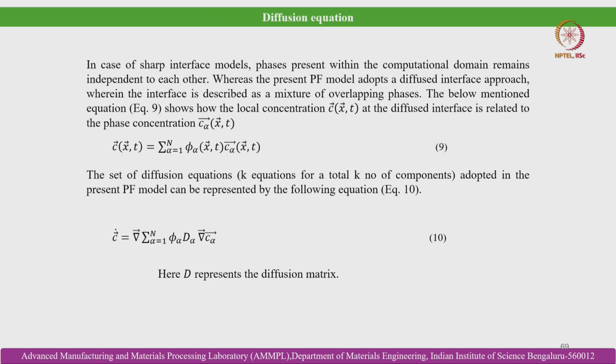In the case of sharp interface models, phases present within the computational domain remain independent of each other, whereas the present phase field model adopts a diffused interface approach, wherein the interface is described as a mixture of overlapping phases. The equation mentioned below, equation 9, shows how the local concentration C bar of x bar comma T at the diffused interface is related to the phase concentration C alpha bar of x bar comma T.